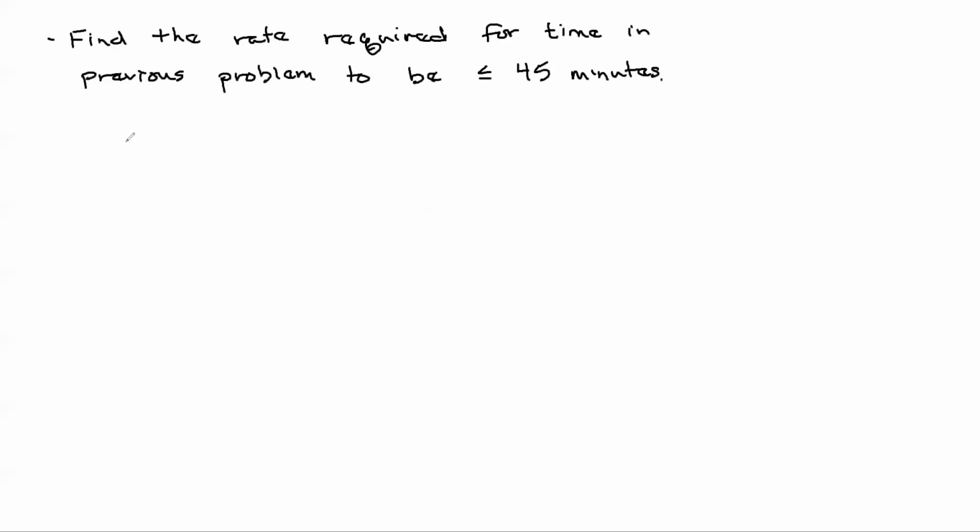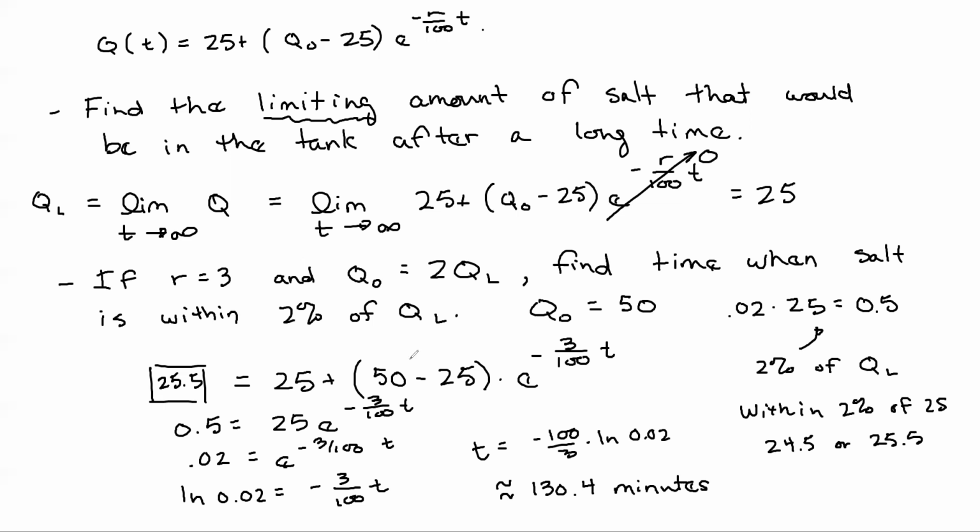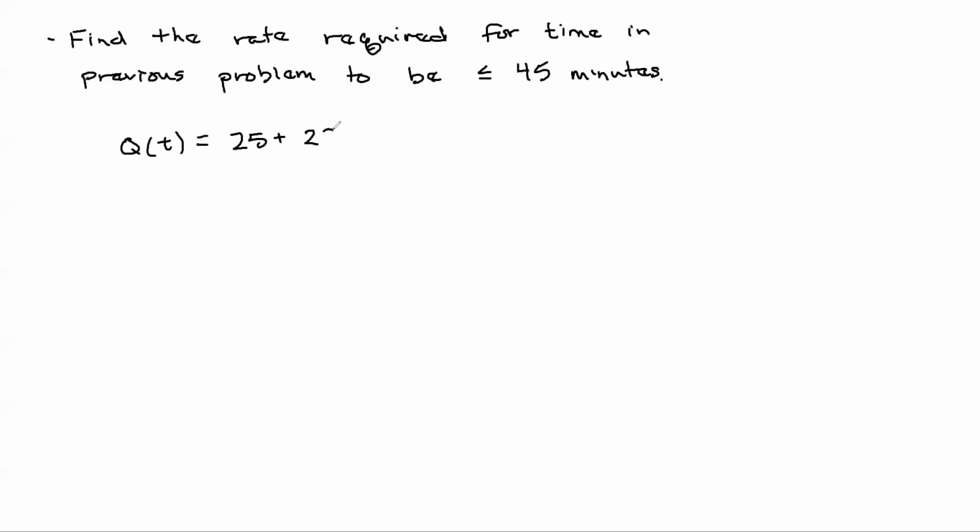Okay, so we have Q of T equals 25. And then you can just do the calculation here. It's 50 minus 25, so we're going to end up with 25. Let's try that again. E to the negative R over 100, and then we have 45 in there.